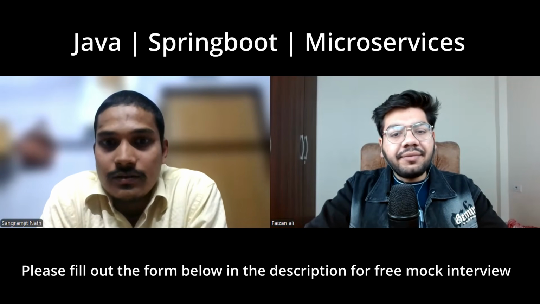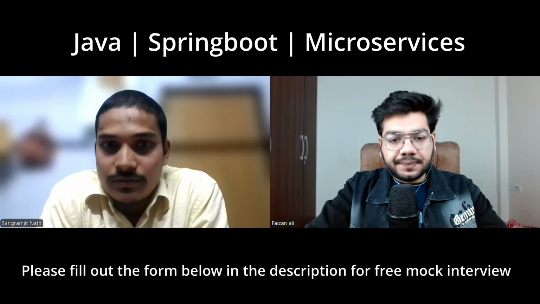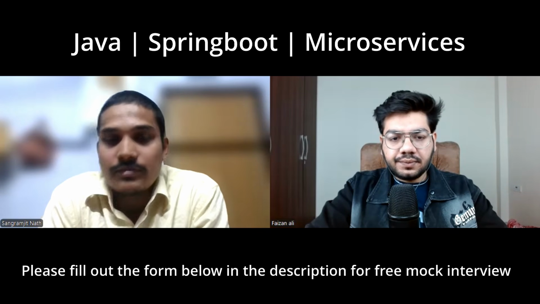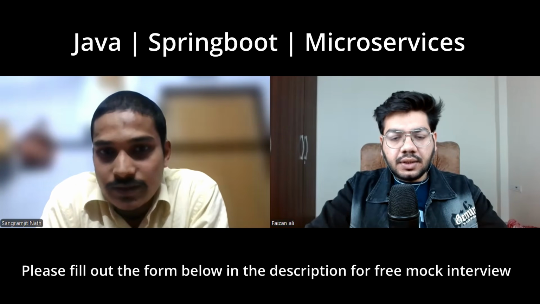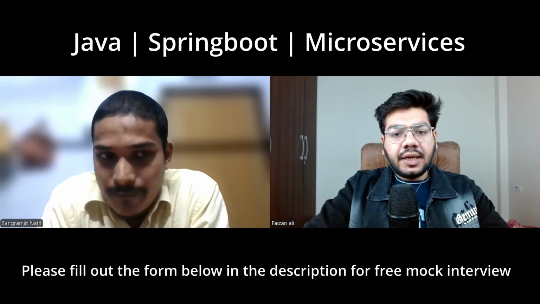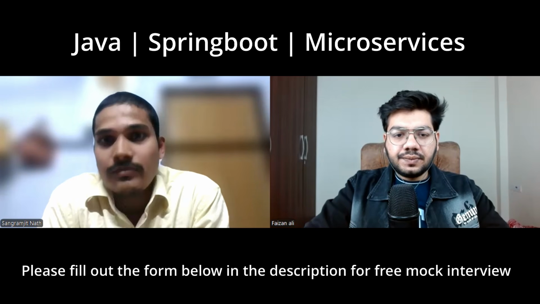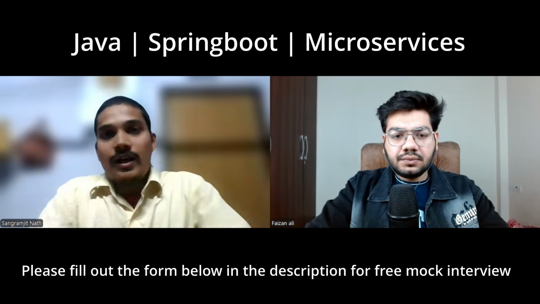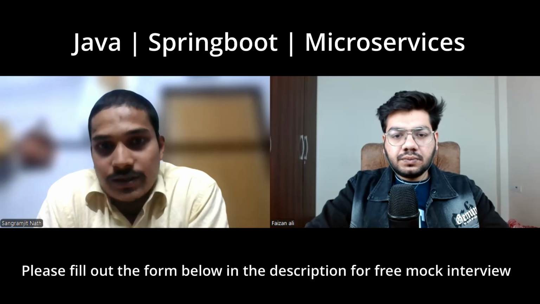Let's say you have 10 microservices sharing common code. How would you structure the parent POM? I can use the Spring Bill of Materials, the Spring Boot BOM.